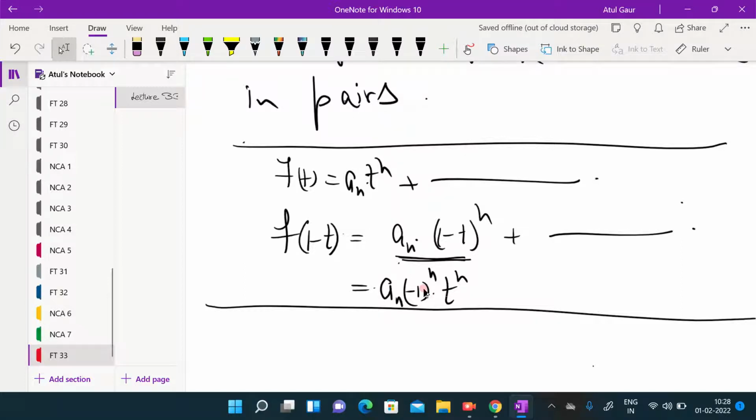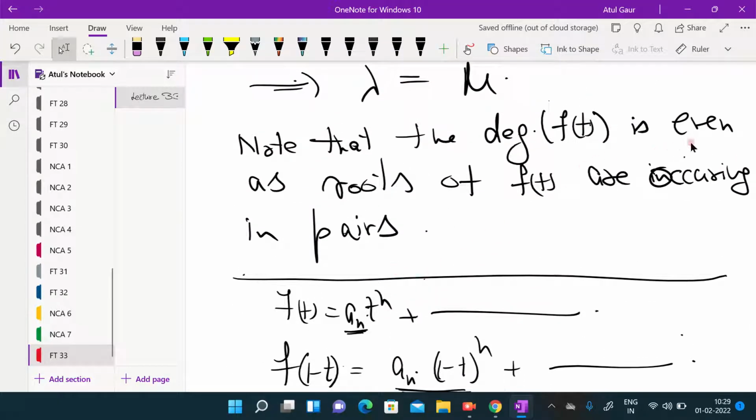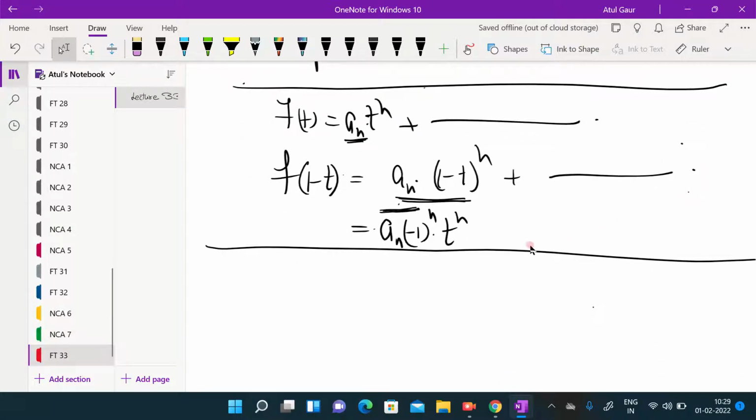So if the leading coefficient of f(t) is a_n, then the leading coefficient of f(1 minus t) is a_n times (minus 1)^n, and the point is that the degree is even, so (minus 1)^n is 1.